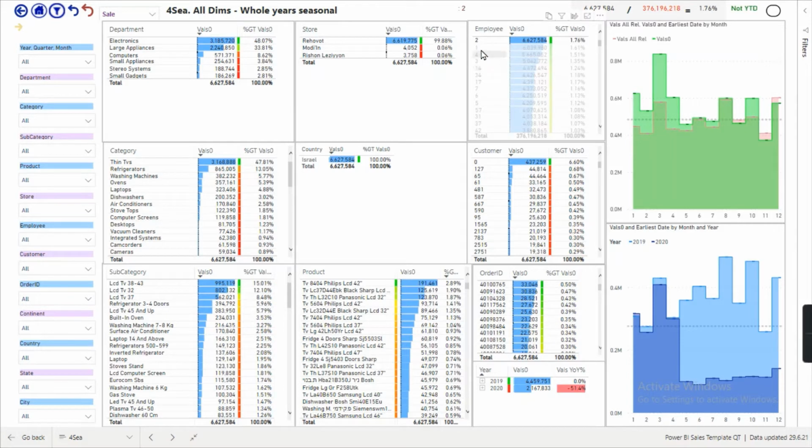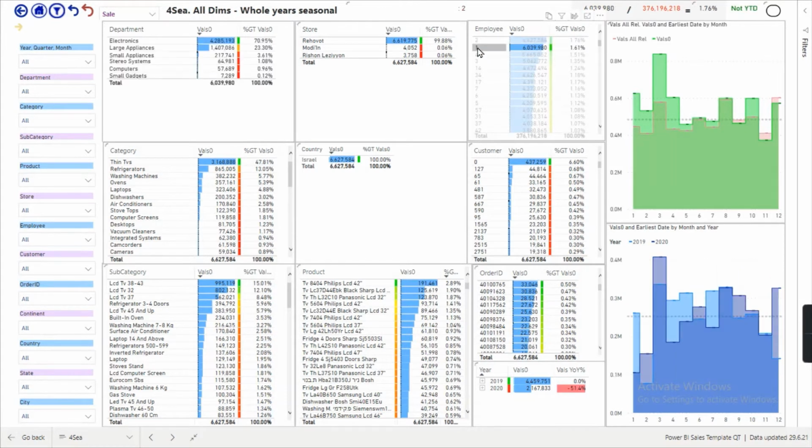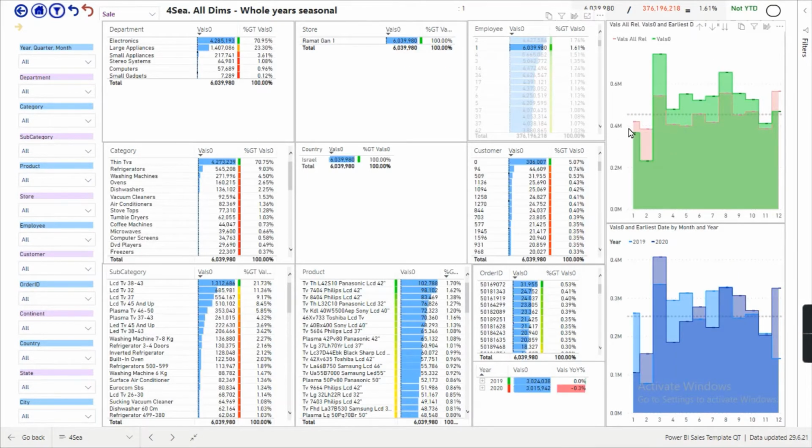Strange. Let's see another employee, the second one. This one is a little different. Okay, but the two of them are above the average. They are big sellers, good sellers.